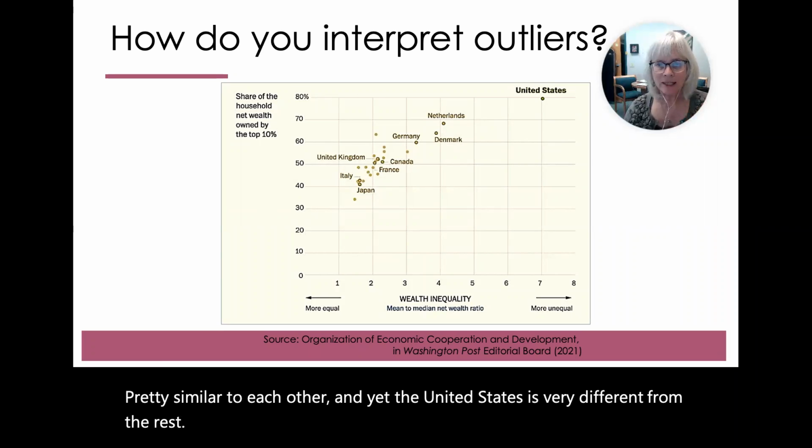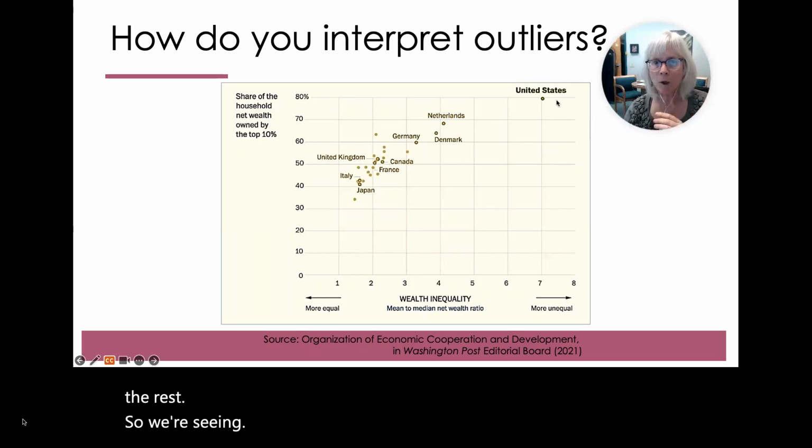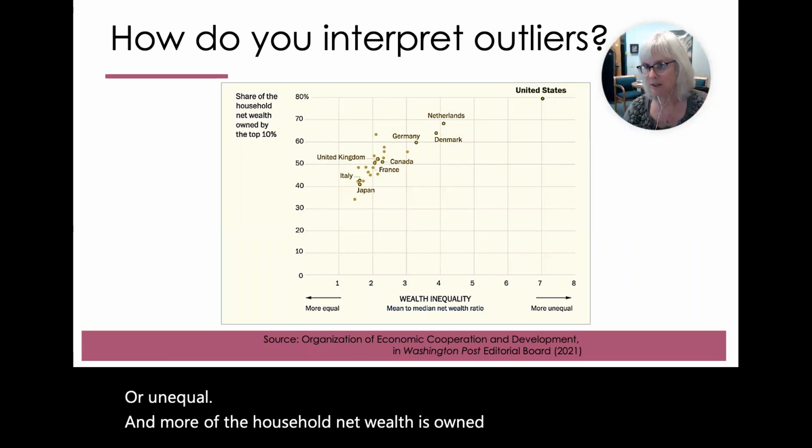So we're seeing a much more unequal society, and more of the household net wealth is owned by the top 10% of the population within that country.